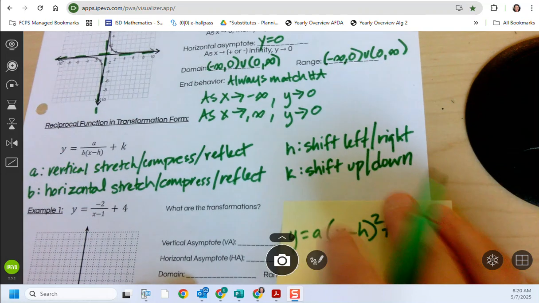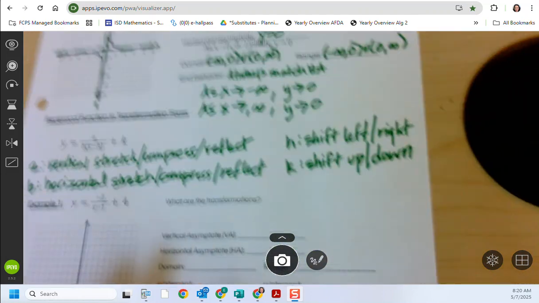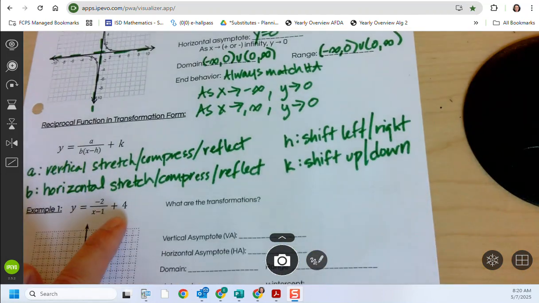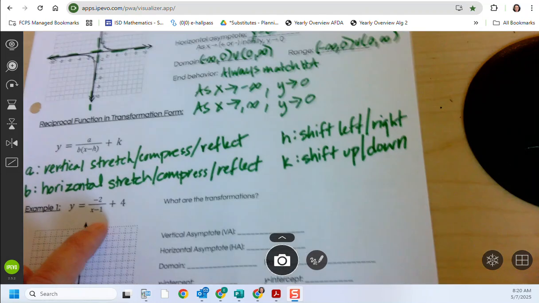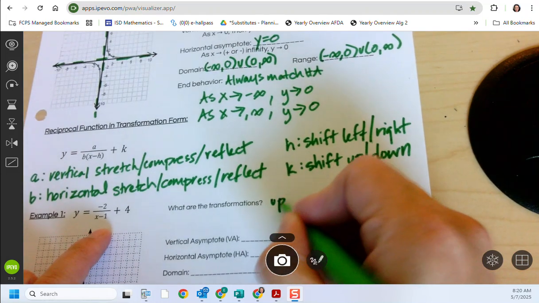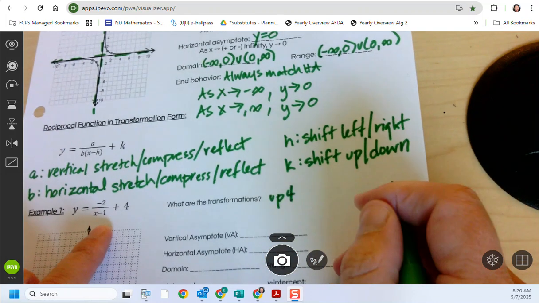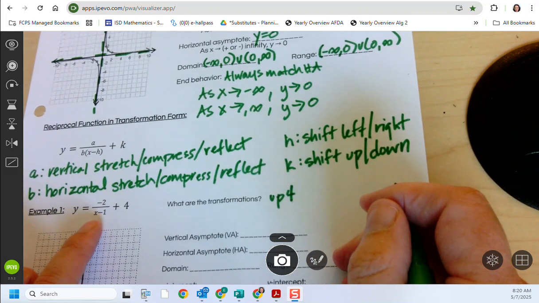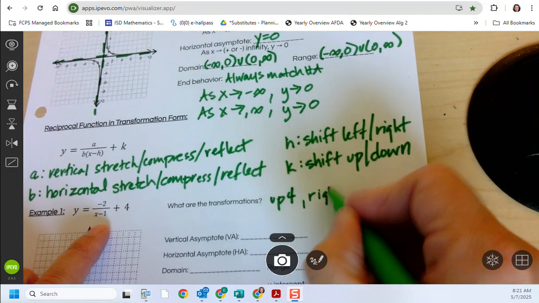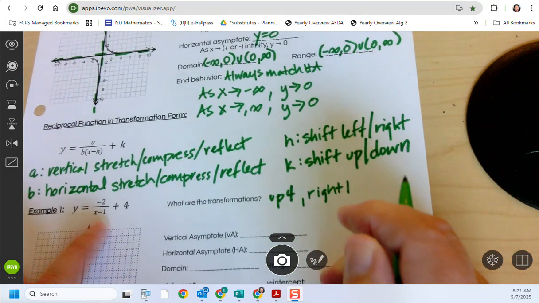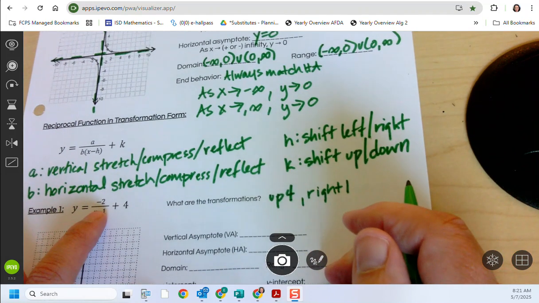All right, so let's look at this one here. What are the transformations? Here's the easiest one. The +4 shifts you which way? That's right, Nahar. Thank you. Up 4. All right, the -1 is moving your X, so it's happening inversely. So instead of going left, it goes which way? Right? So up 4, right 1. The A value is -2, so that does 2 different things.